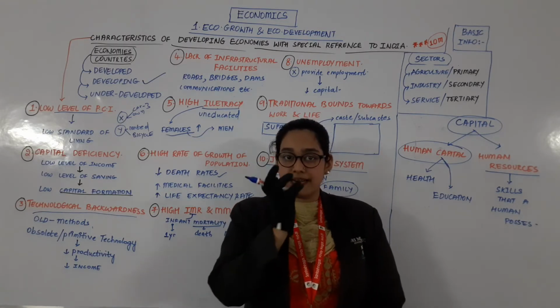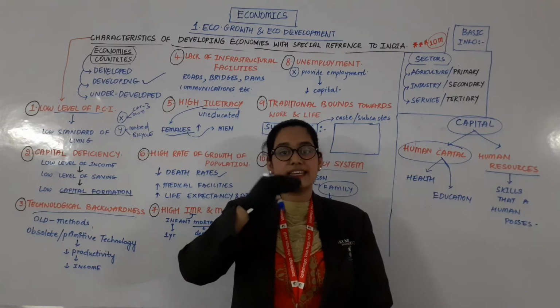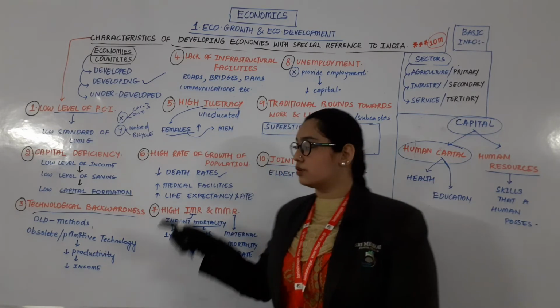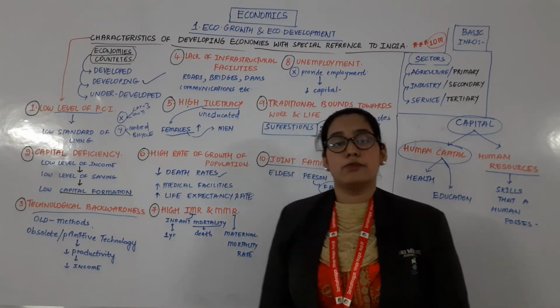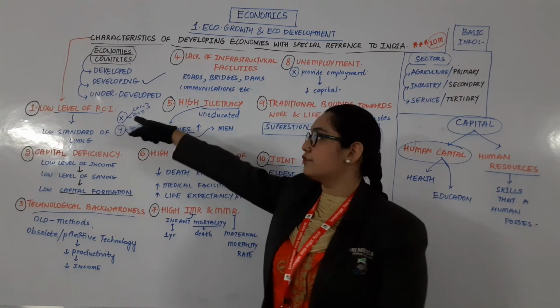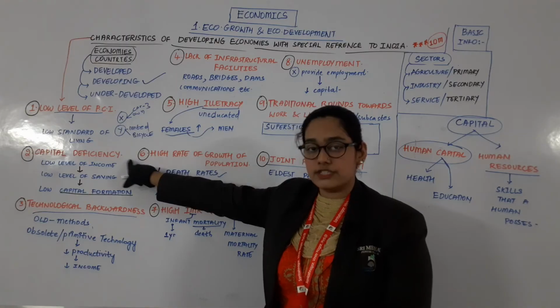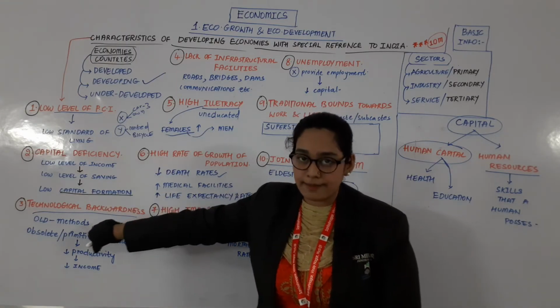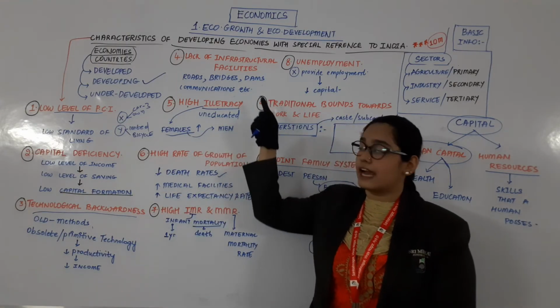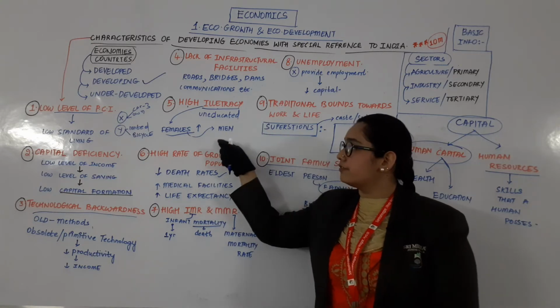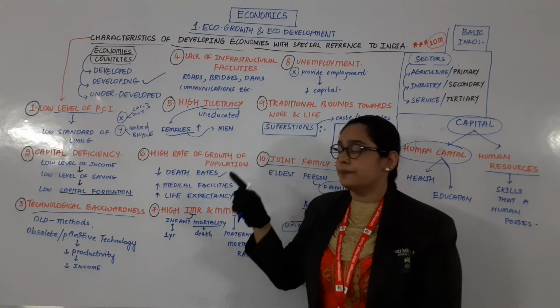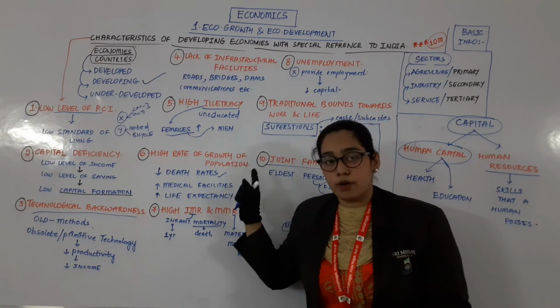So the life expectancy is increasing, because of which also the rate of growth of population is increasing. The first is low per capita income, second is capital deficiency, third is technological backwardness, fourth is lack of infrastructure, fifth is high illiteracy, sixth is high rate of population.